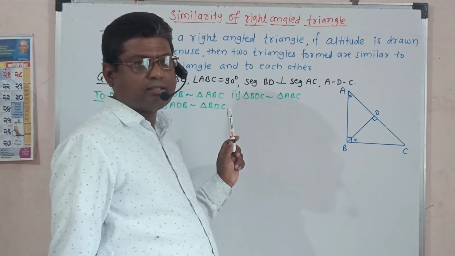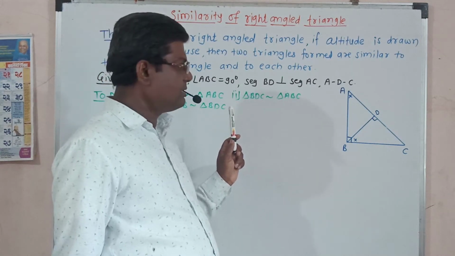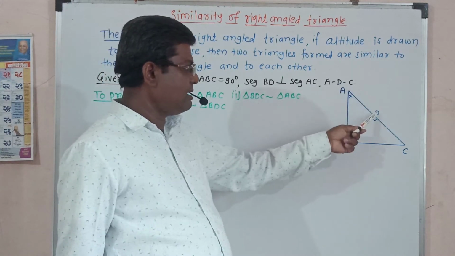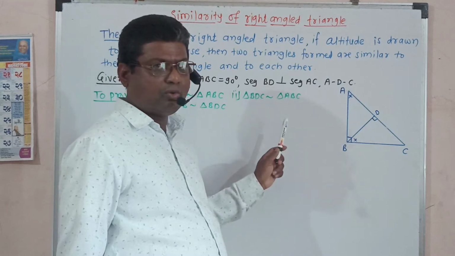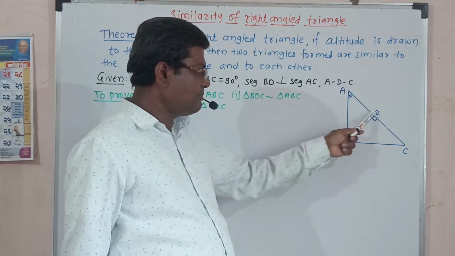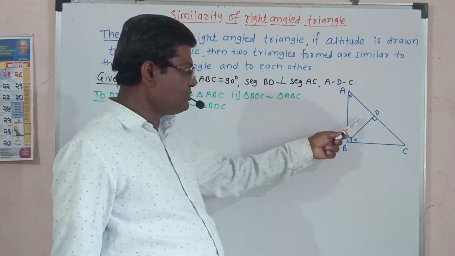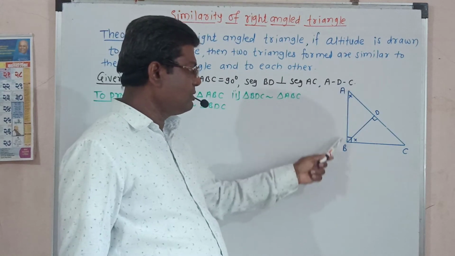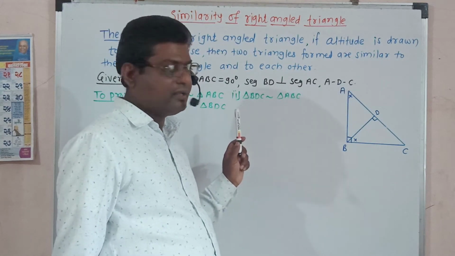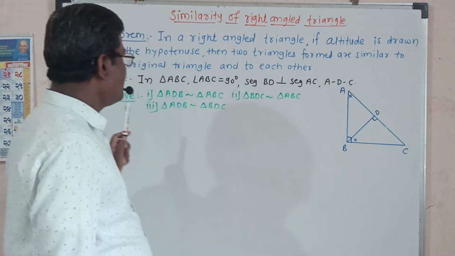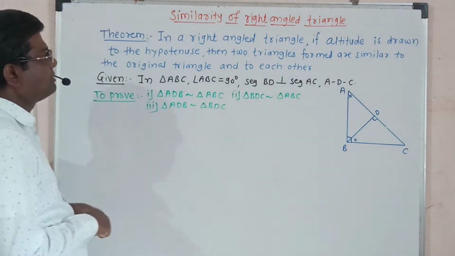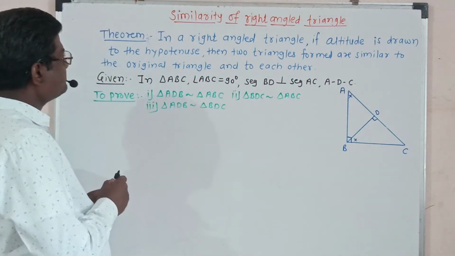These three triangles are similar to each other. Means triangle ADB similar to triangle BDC, and these two triangles are similar to the original triangle ABC. Here we have to prove this theorem.